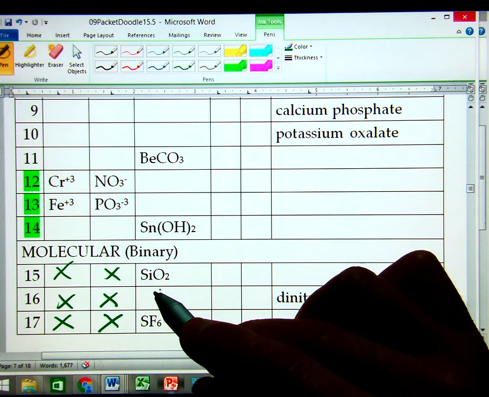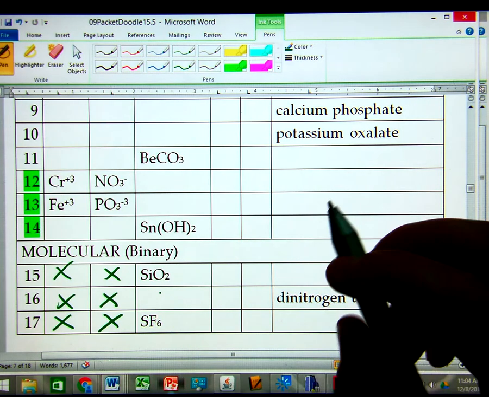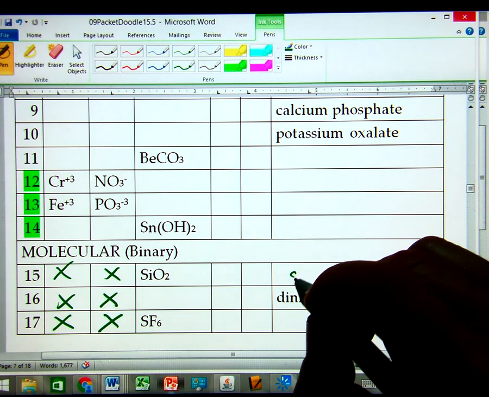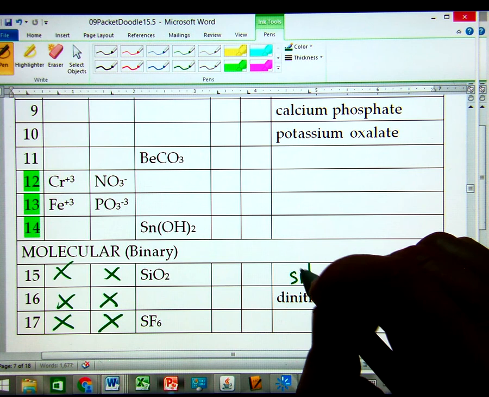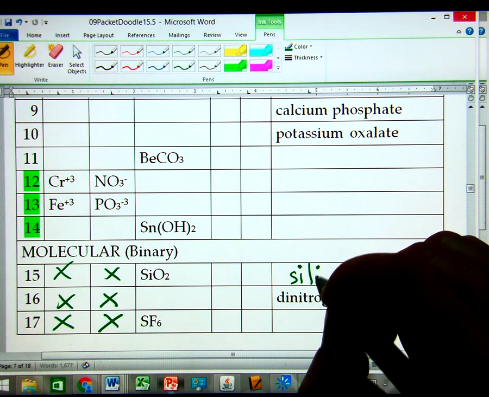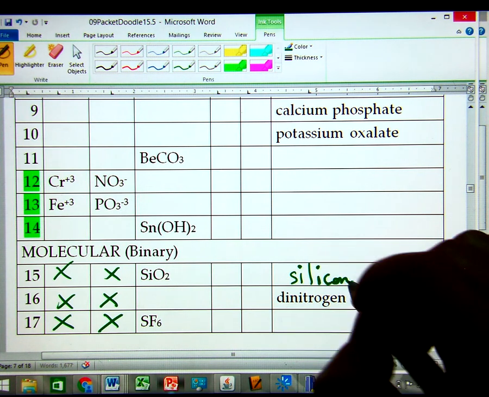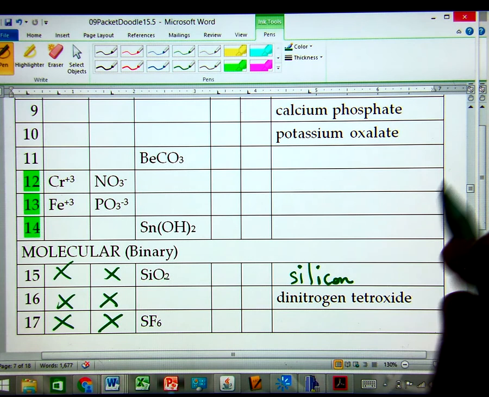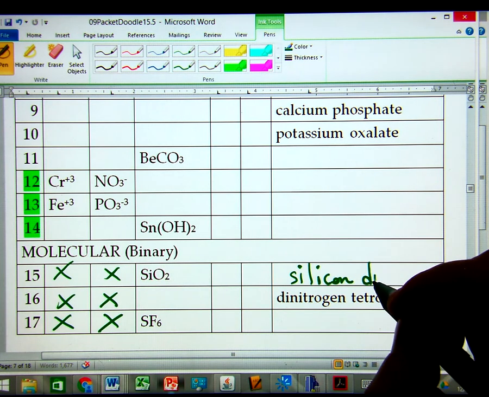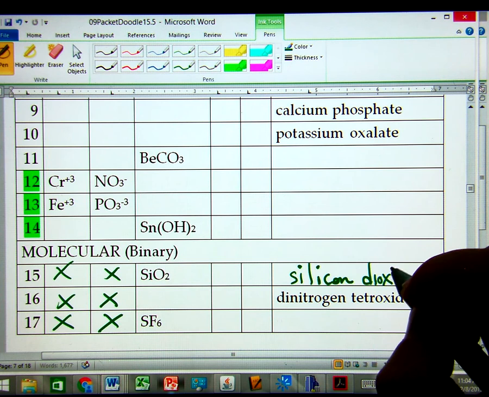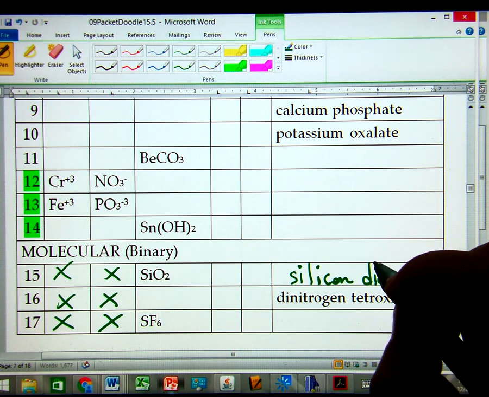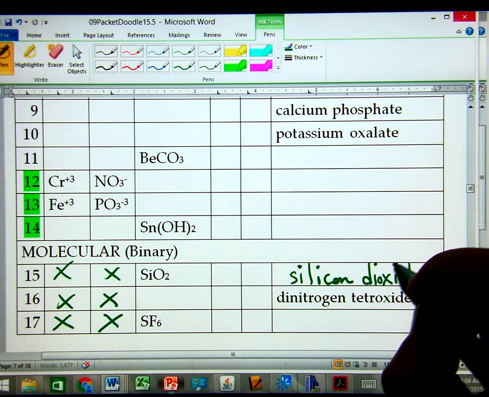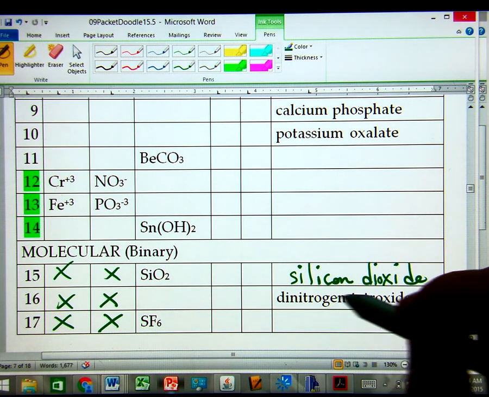So you'd say there's 1 silicon, so you'd say monosilicon, but we drop the mono, so just silicon. And the oxygen, there are 2, so you want to say di, and then oxide, you change the ending to ide. So silicon dioxide.